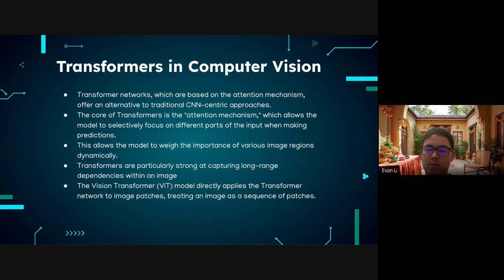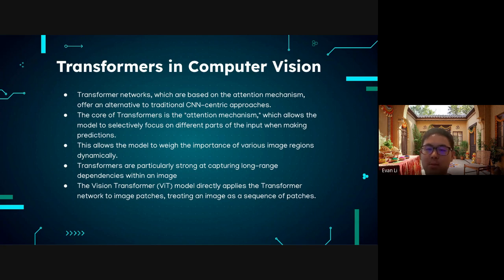The Vision Transformer, ViT for short, architecture is a prime example of how transformers are being successfully adapted for computer vision. ViT directly applies the core transformer architecture, originally designed for sequential data like text, to image data.